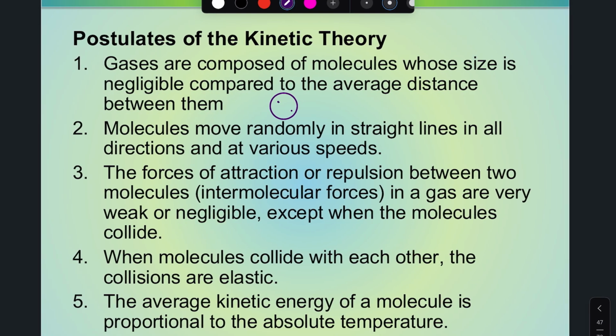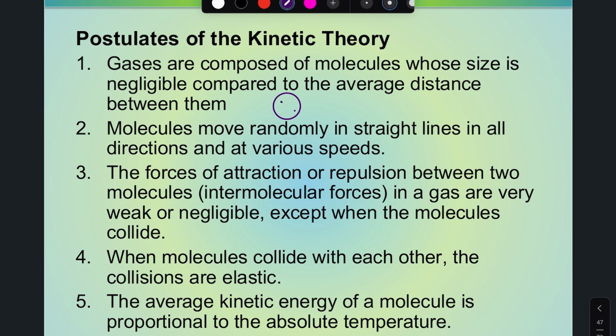The second one is that molecules are going to move randomly in straight lines in all directions at various speeds. So it's just random. They just go all over the place until they make contact with something and do what's called an elastic collision, which we will see in just a second. The third is that the forces of attraction or repulsion between molecules in a gas are very weak or negligible except when they collide.